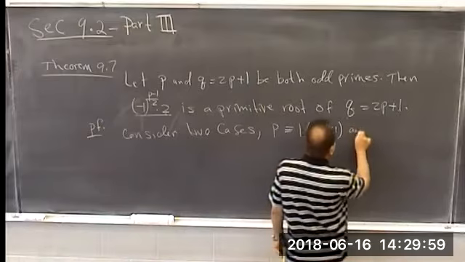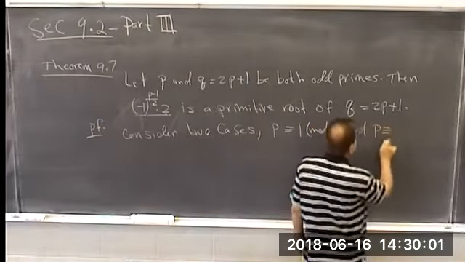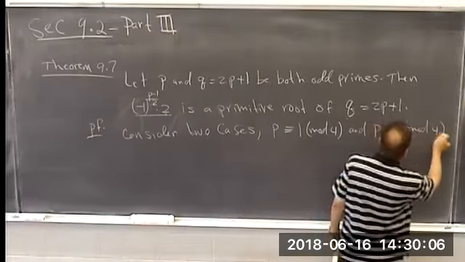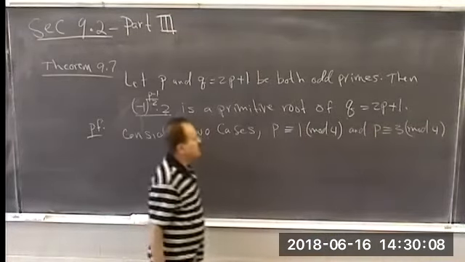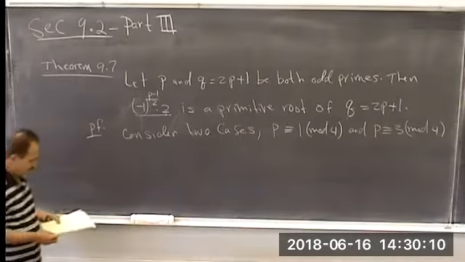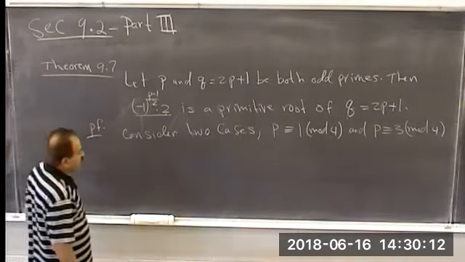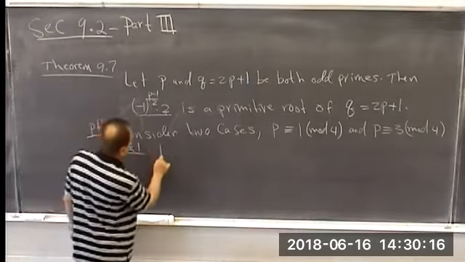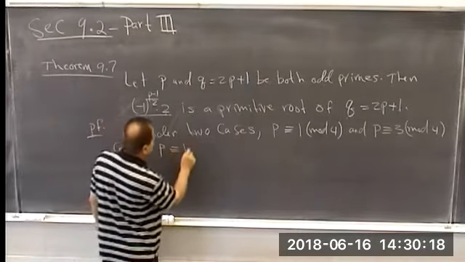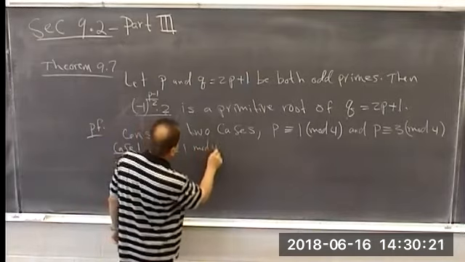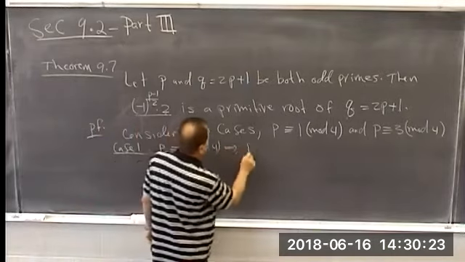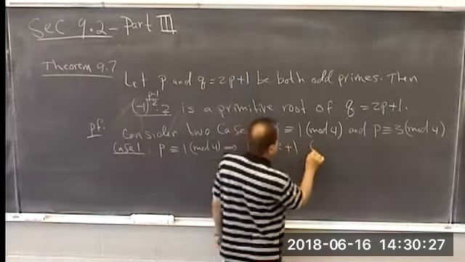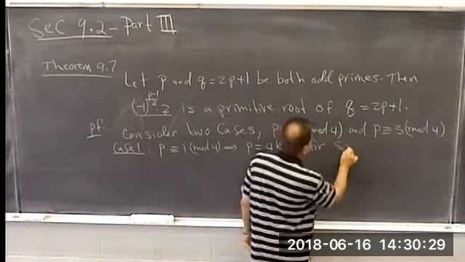And the other case where p is congruent to 3 mod 4 is going to give us negative 2 for the primitive root. All right, so let's start with the first case, case 1: p is congruent to 1 mod 4, which makes p equal 4k plus 1 for some integer k.